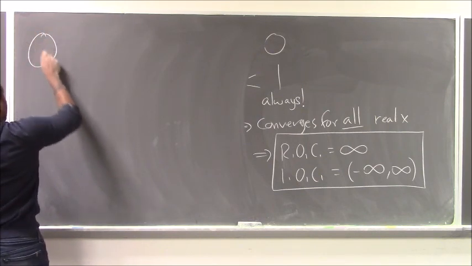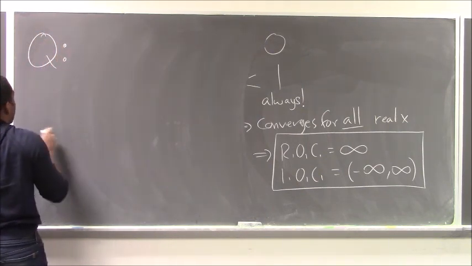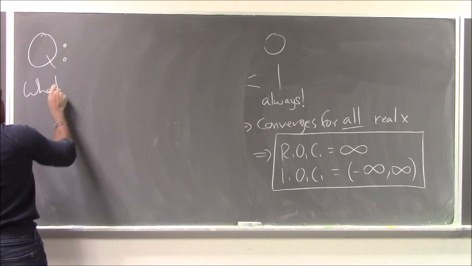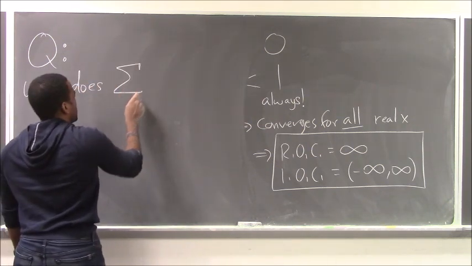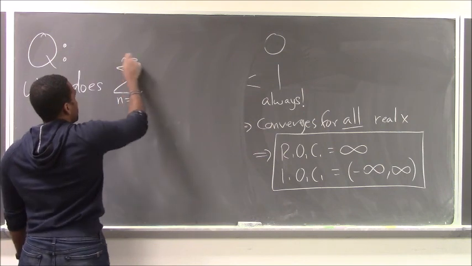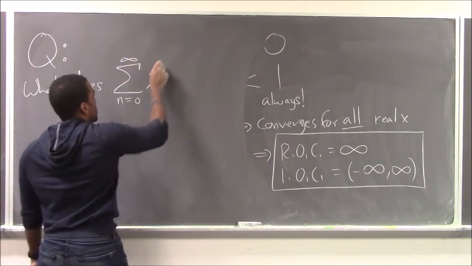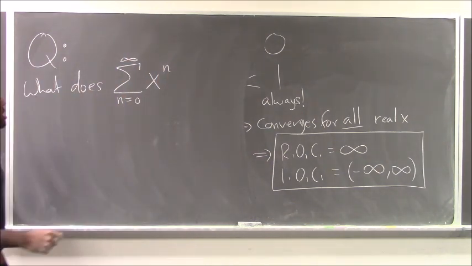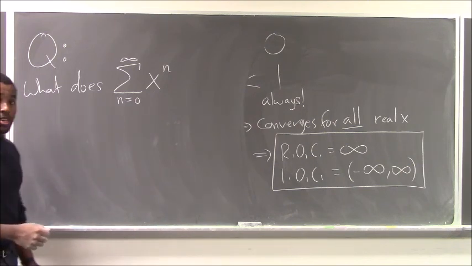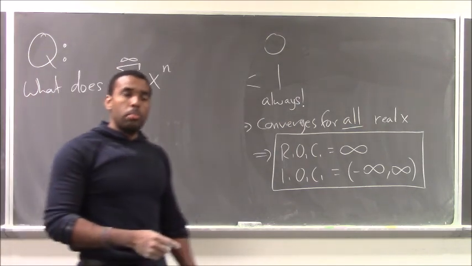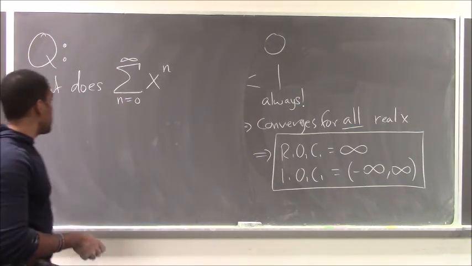So here's a question for the next class. I'm going back to the first example we had here, the series x to the n, and it goes from n equals 0. Now we know that that converges for x values between minus 1 and 1, strictly speaking.